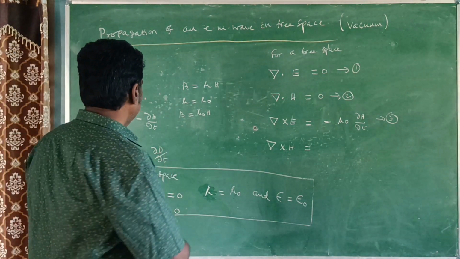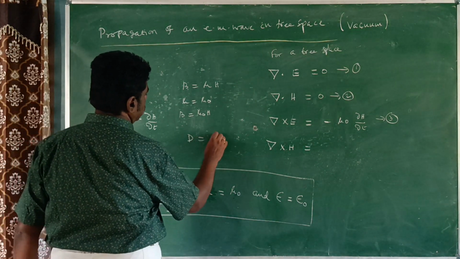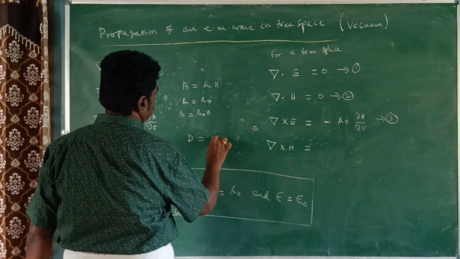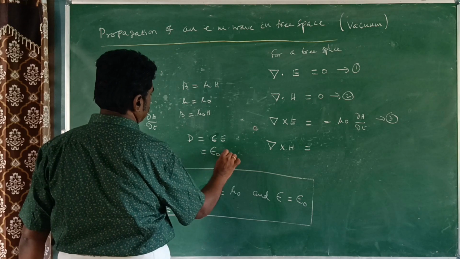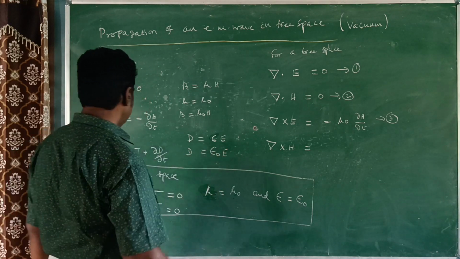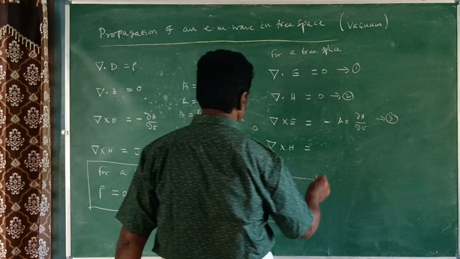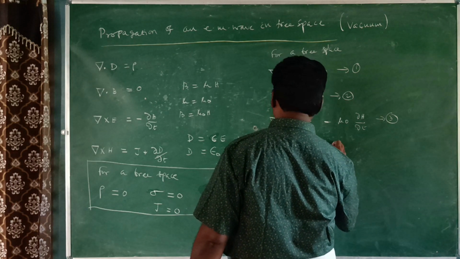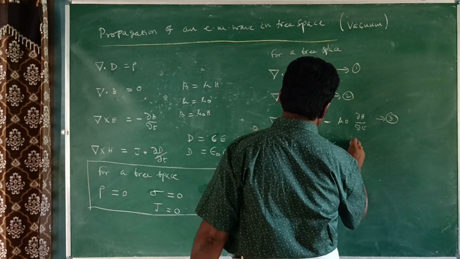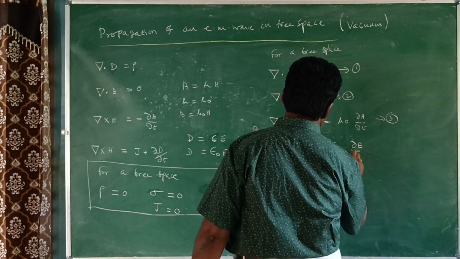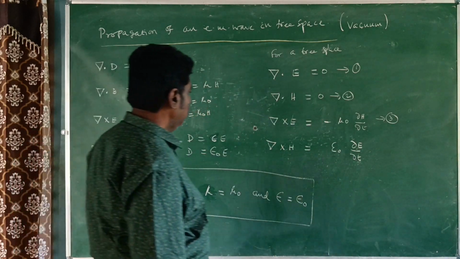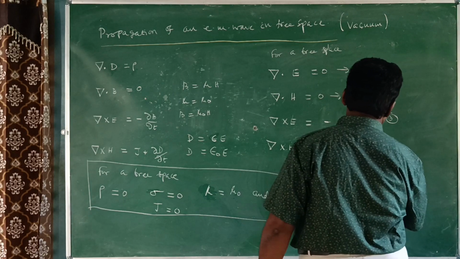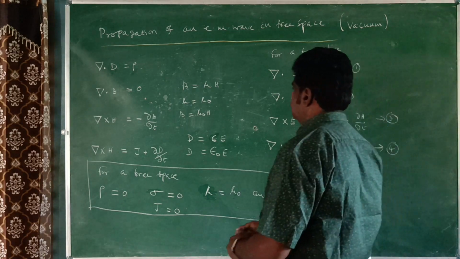Then D equal to epsilon E. For free space, epsilon is epsilon naught. So D is replaced by epsilon naught into E. So curl H equal to epsilon naught dou E by dou t. This is our fourth Maxwell's field equation.